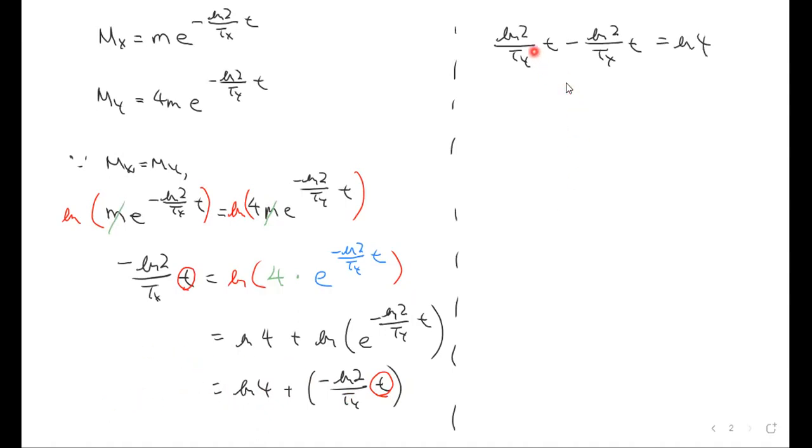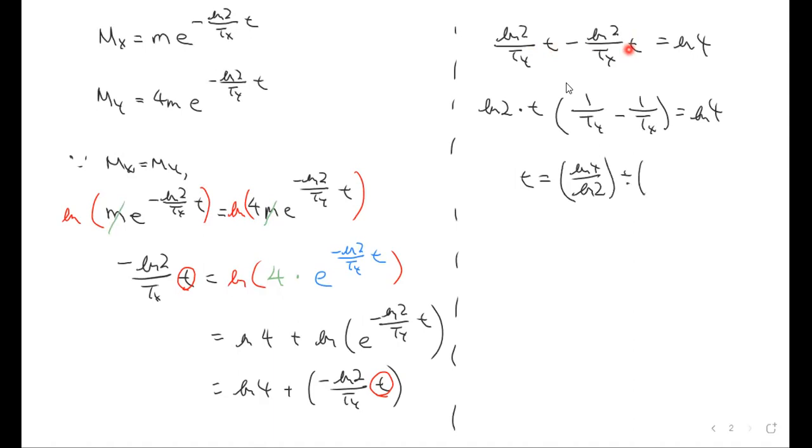You can take out the t and the log 2. That gives you t times log 2 times (1 over Ty minus 1 over Tx) equals log 4. So that means t must equal log 4 over log 2, divided by 1 over Ty minus 1 over Tx.